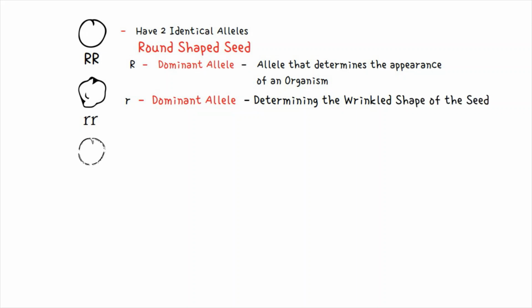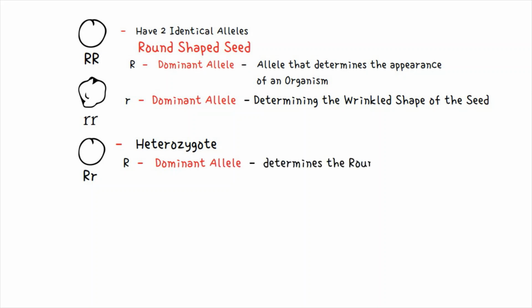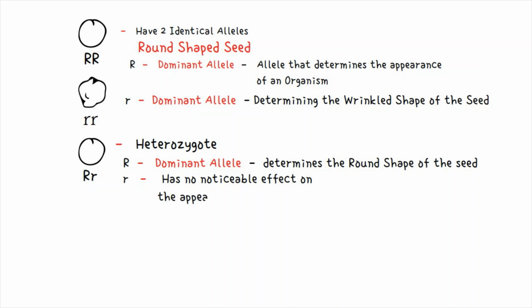We have another plant that also produce round shape of the seed, and this plant is heterozygote because this contain two different alleles. Capital R is a dominant allele because this allele determines the round shape of the seed in this plant, and small r allele has no noticeable effect on the appearance of this organism, in this case this plant.